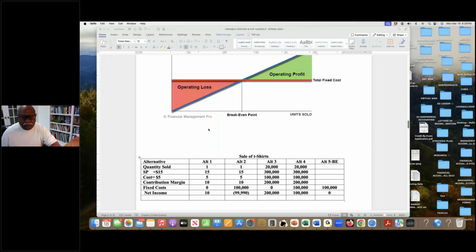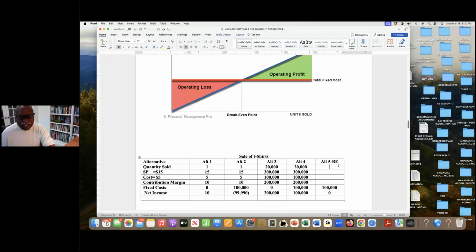But what number, when you put it in this top line for quantity sold and you do the calculation, will produce a net income of 0?